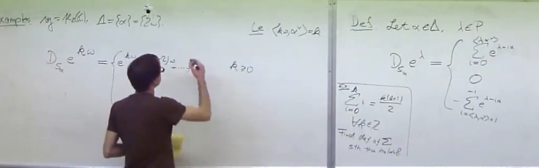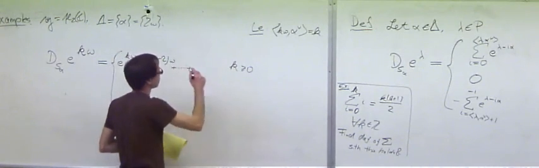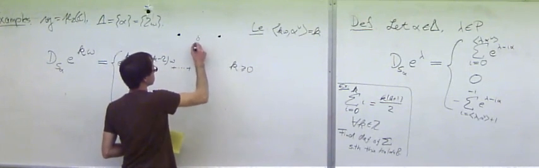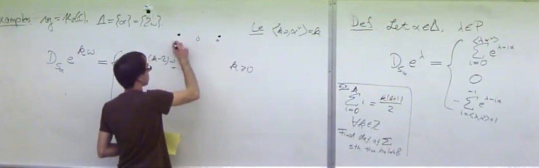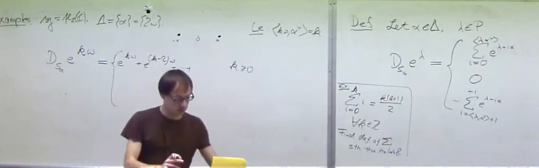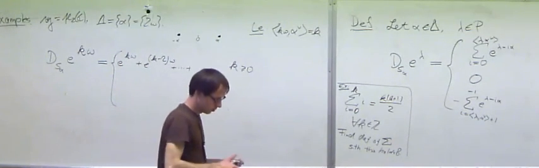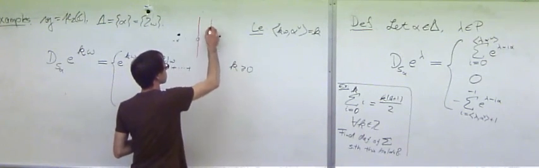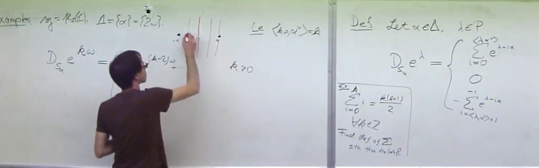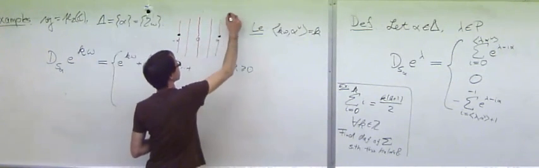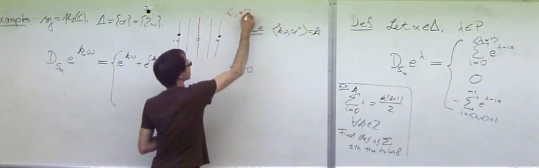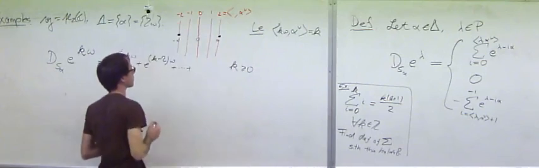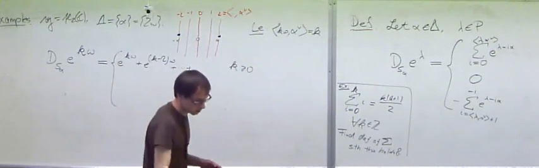If you want, this is the root system, so there's 0, alpha, minus alpha, and these are the level hyperplanes.